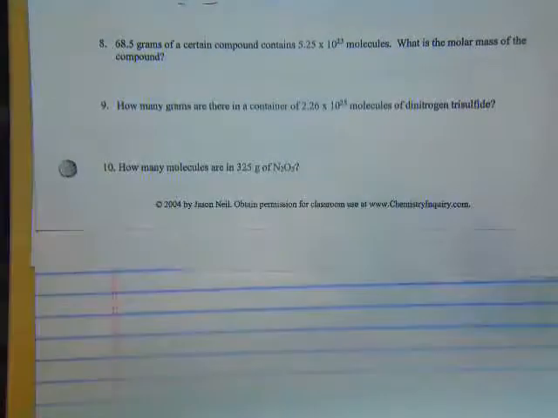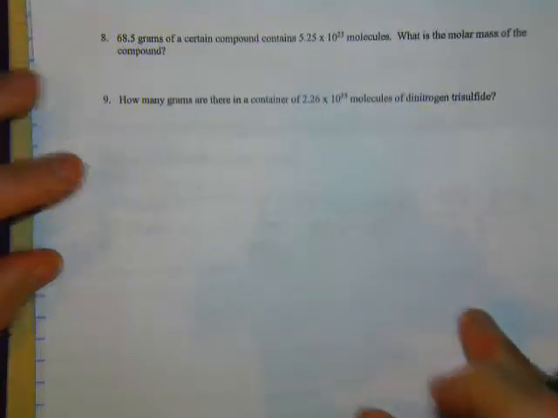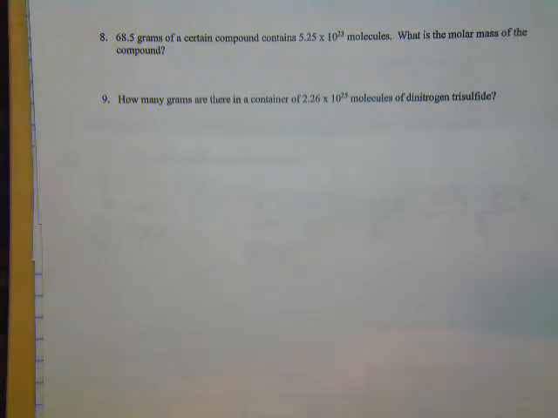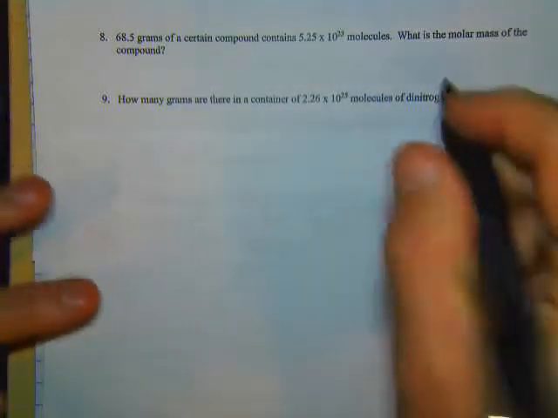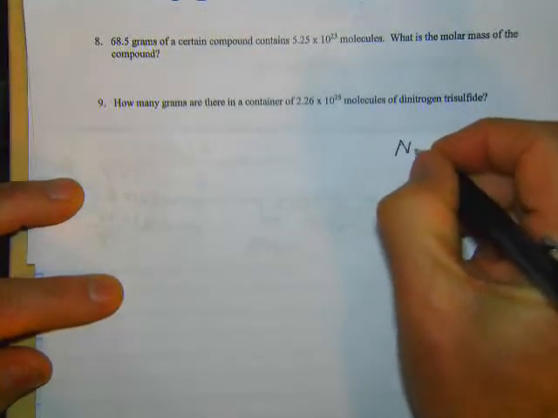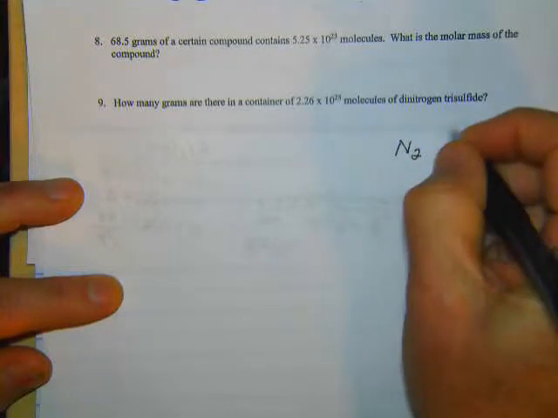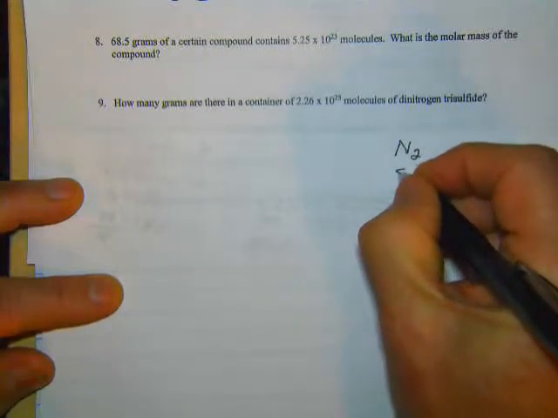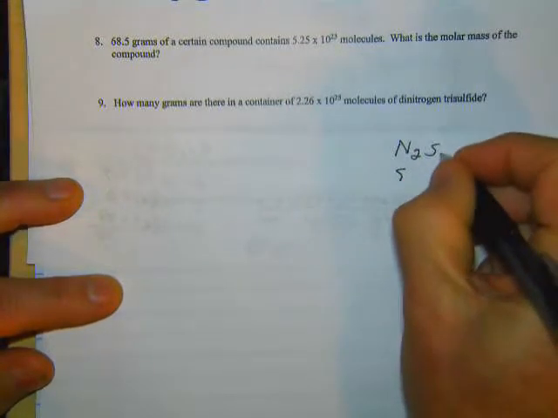Alright, let's look at problem number 9. How many grams are there in a container of 2.26 times 10 to 25th molecules of dinitrogen trisulfide? And again, how many grams? We're going to need mass. So dinitrogen trisulfide. Whoops. So that'd be S3.